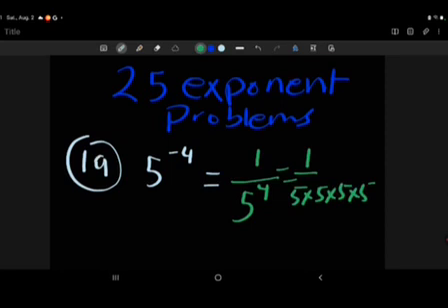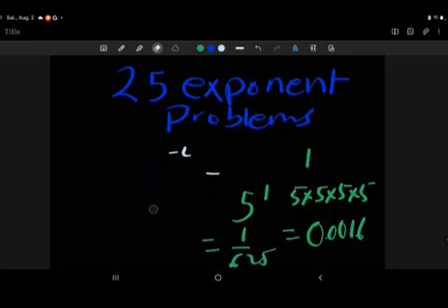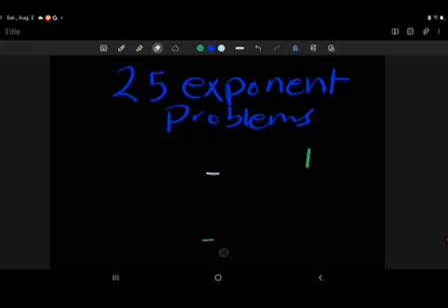At any rate, it's going to be equal to 1 over 625, or 0.0016 is our answer. That was problem 19. And then problem 20.